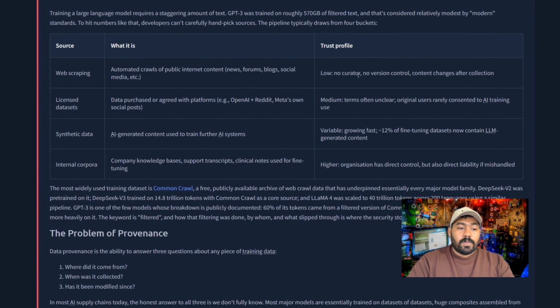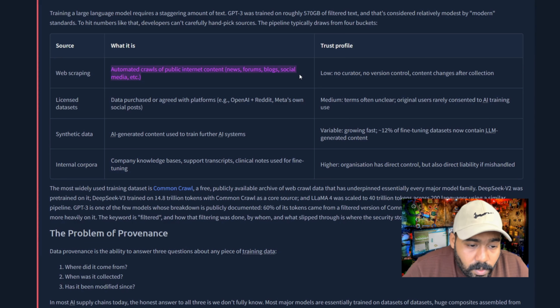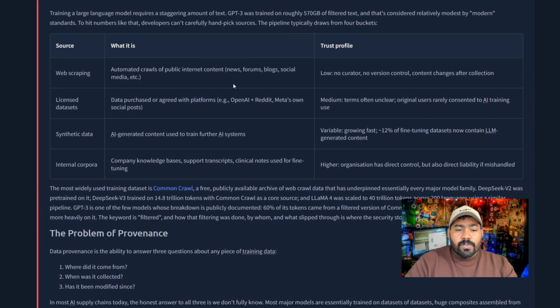The first one is the source, which is scraping. What does this mean? Automated crawls of the public internet: news, forums, blogs, social media, etc. These are the web scraping sources. How can we trust that? Low or no curation, no version control, content changes after collection.